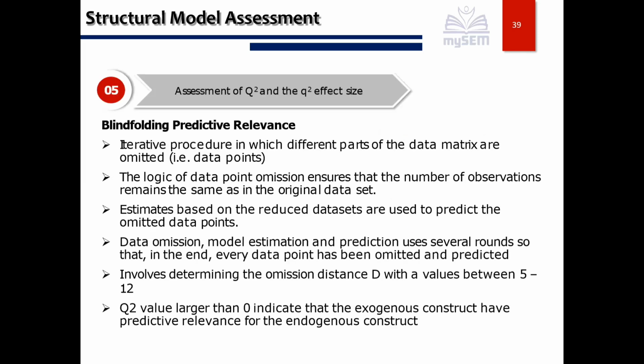And finally, blindfolding and predictive relevance. In SmartPLS 4, you will not get the blindfolding option; now you will get PLS predict. This is the old slide, so that's why the same word. The latest version, SmartPLS 4, came out, I think, in the middle of last year. The same thing, I told you the Q square value should be greater than 0, then you are safe and your model has predictive power.